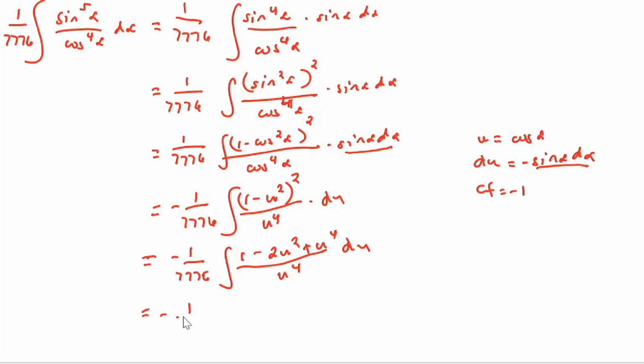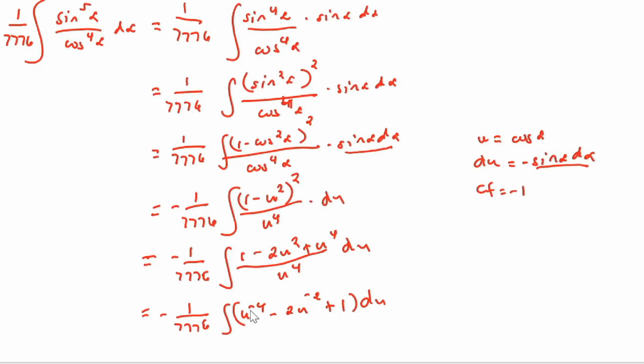We have the negative of 1 over 7,776 times the integral of, dividing this one, we have u to the power of negative 4 minus 2u to the power of negative 2 plus 1 du. Then after that, we're going to integrate. So I have the negative of 1 over 7,776 times, so what is it here?